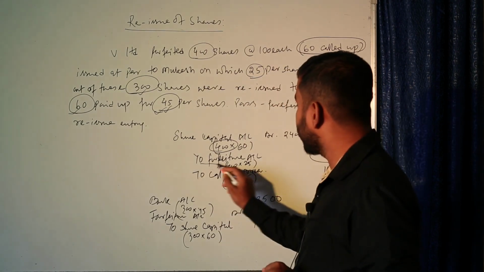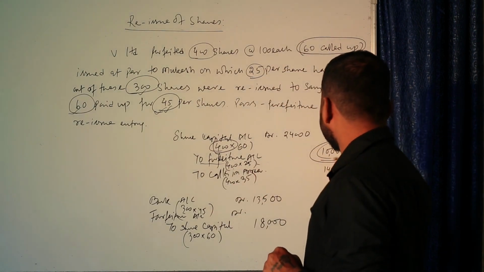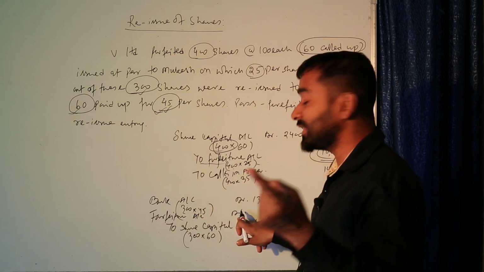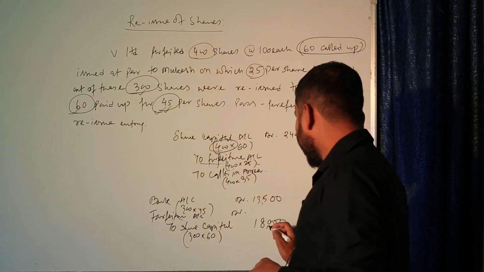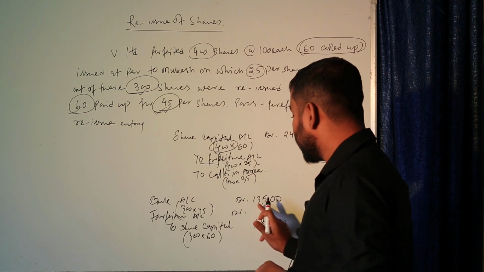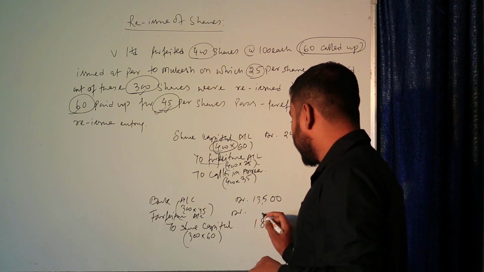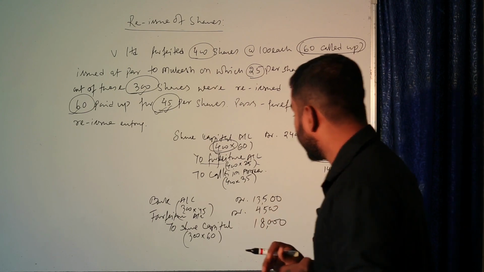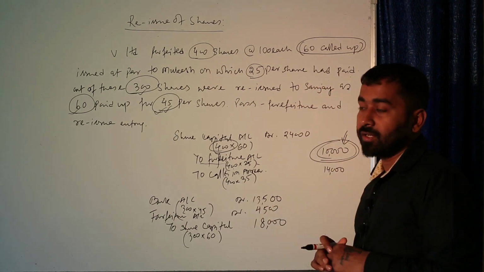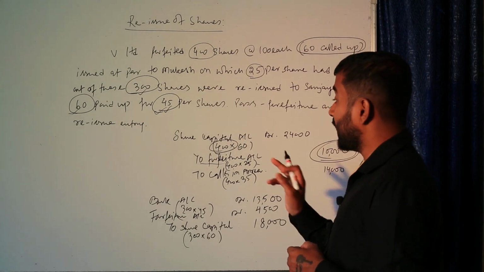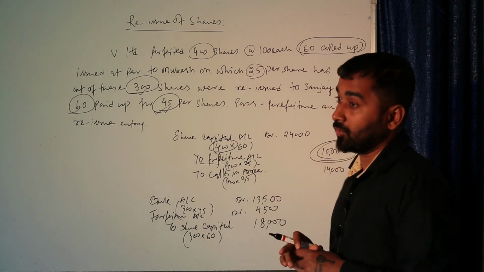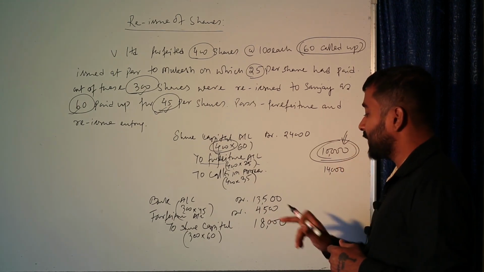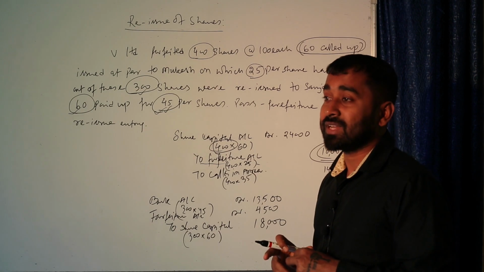Before, there was a forfeiture account of 10,000. I have taken the less money, that is 18,000 minus 13,500. How much is left? If you check, 4,500 rupees I have taken from forfeiture. Now the question arises, how much is left in the forfeiture account? If you see here, 10,000 minus 4,500, so 5,500 rupees left.